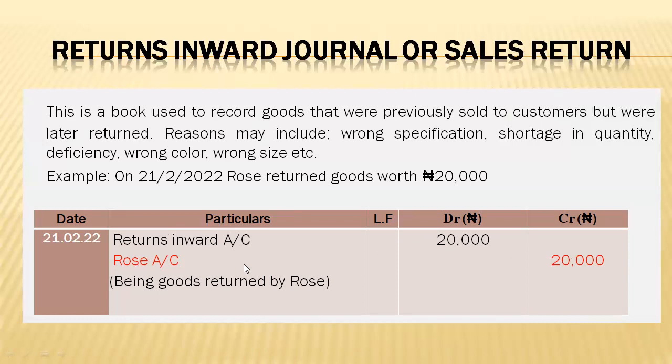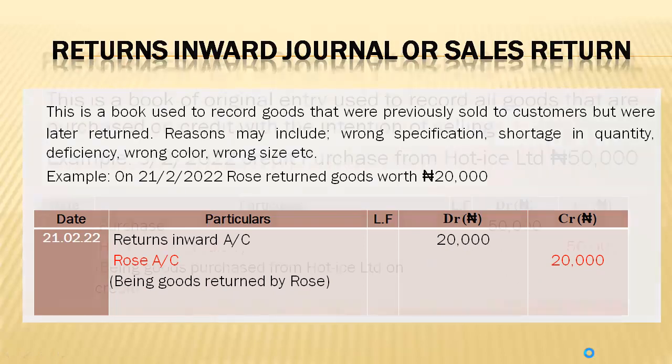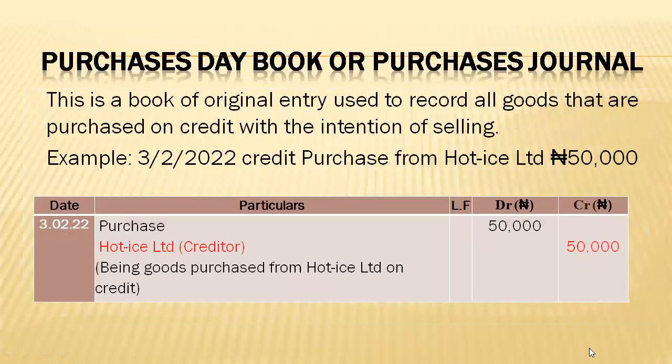Now, Rose is giving, that is why it is being credited, while sales is receiving, that is why it is being debited. You can see it here. Being goods returned by Rose. So Rose is returning, we credit. We are receiving from Rose, we debit. That's the double entry principle. Debit the receiver and credit the giver. If you are not aware of this principle, kindly go back to our course on debit and credit.